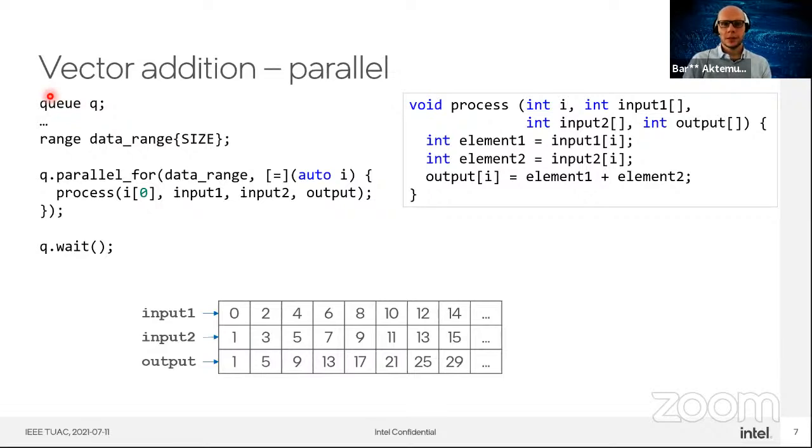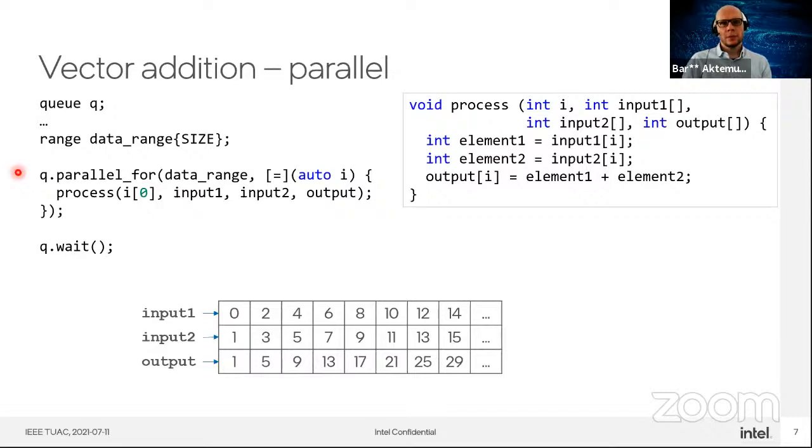A queue is where we submit commands that will be executed on the target device in parallel, I mean concurrently. The target device could be a CPU, GPU, or an accelerator. We then create and initialize the data, and specify the data range. In this case, it's a one-dimensional range of size many elements.